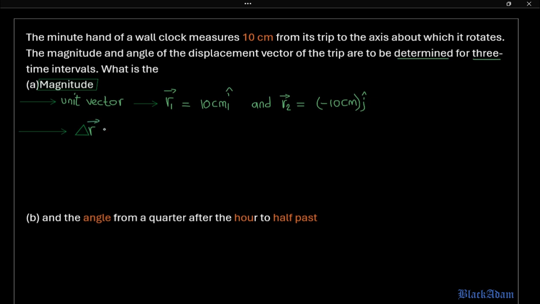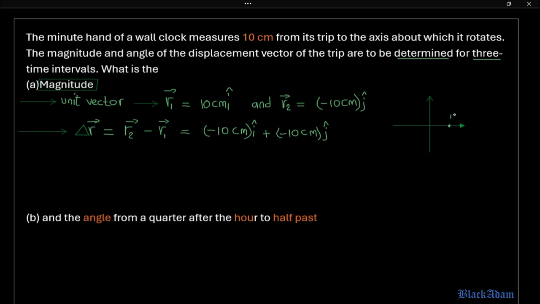So the change in displacement is going to be the final displacement, which is displacement 2, minus the initial displacement, which is displacement 1. So that will mean we have negative 10 centimeters plus minus 10 centimeters. So remember, the final one is negative and the initial one is positive.